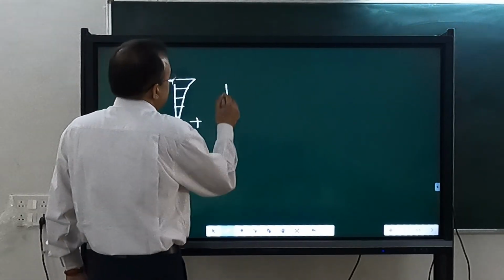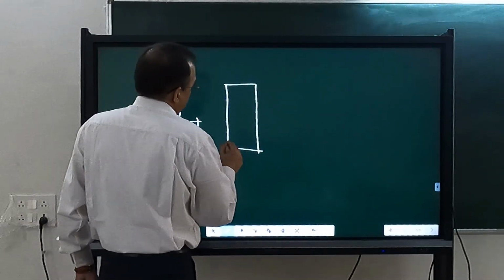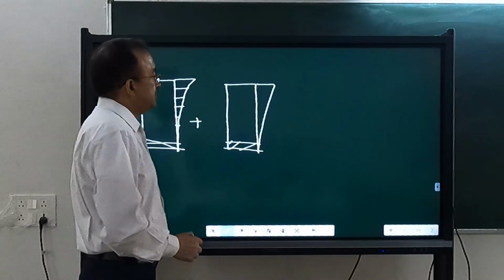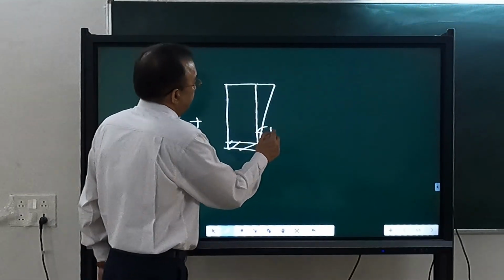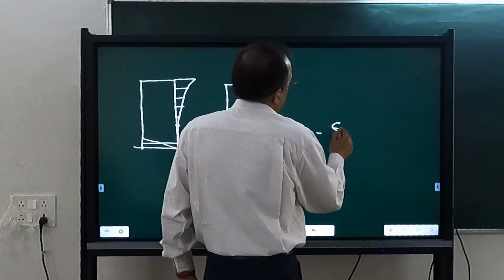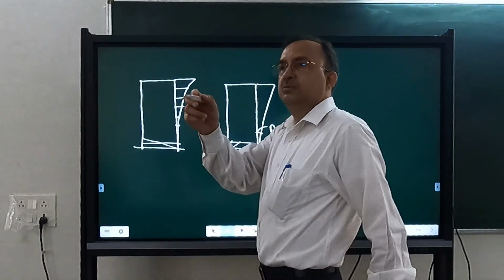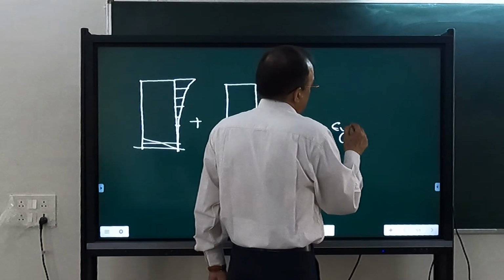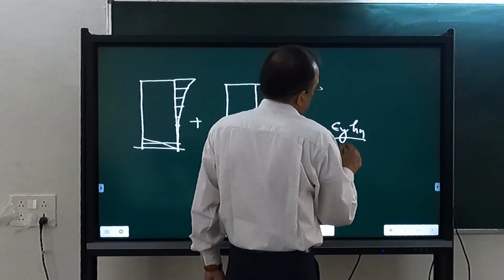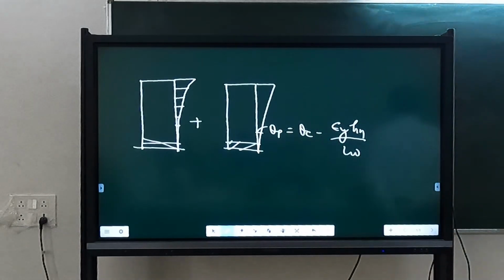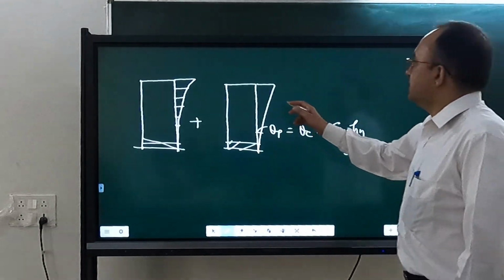The second part is that it has developed a hinge here, and then it is simply rotating like this as a straight line. This angle is theta p, that is theta c minus epsilon y, what is that? HN over L2. Okay, so this is coming out to be negative.